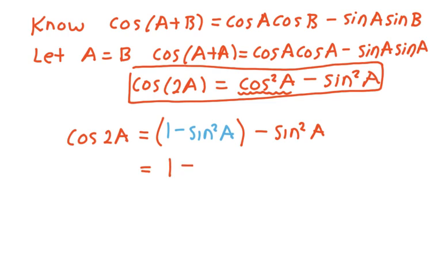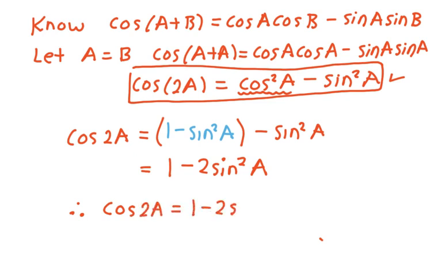But this is 1 minus 2 sine squared a. Now, there's going to be occasions where one version is more preferable to the other. But if you remember one, you could get the 2 others free of charge. And so what this says is cosine of 2a is 1 minus 2 sine squared a.